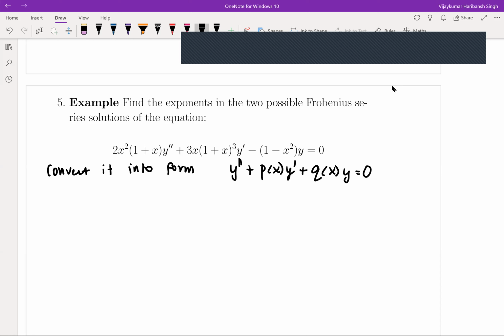How would we do that? We divide throughout by 2x squared.